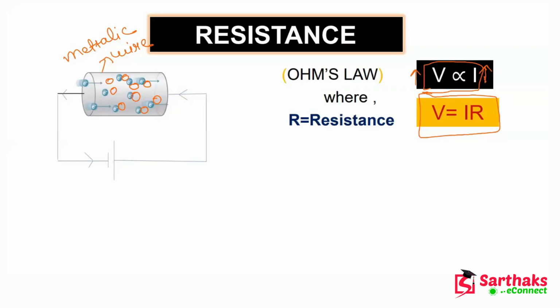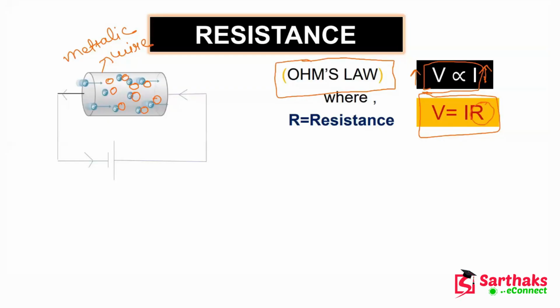And if you remove the proportionality sign, then you have to add an equal to sign and a constant, and this constant is resistance R. This is nothing but the statement of Ohm's law, that the current depends on the potential difference as well as resistance.